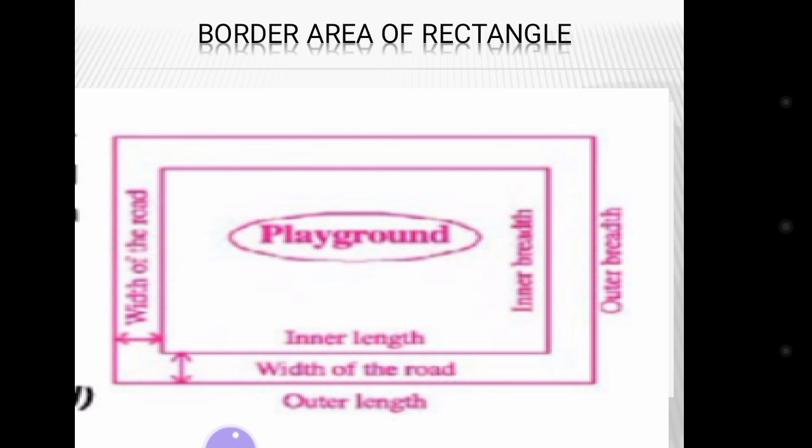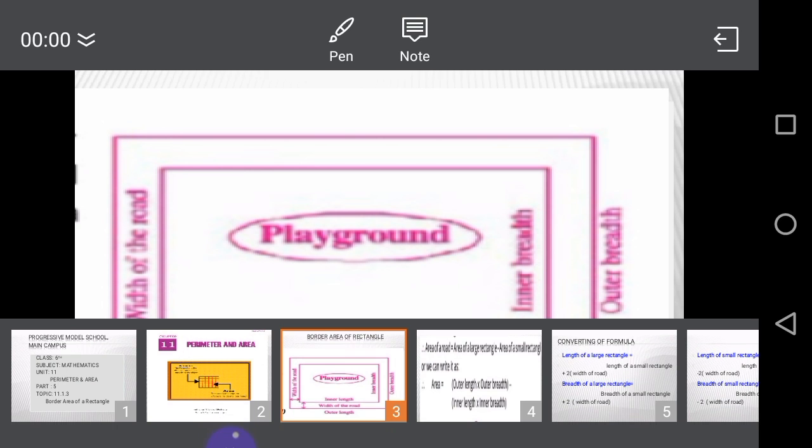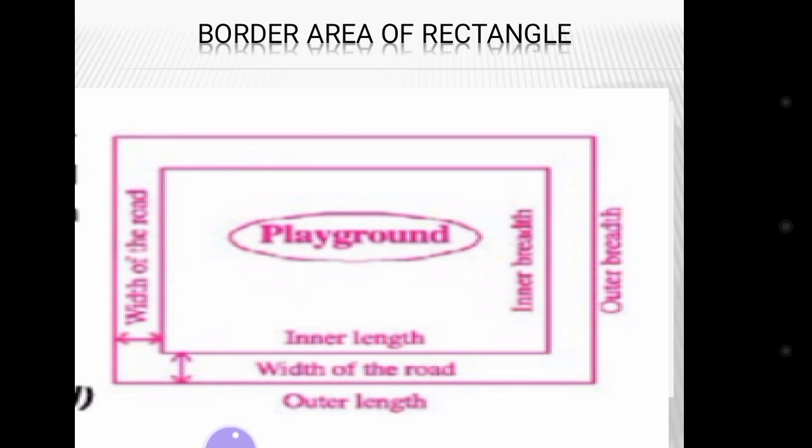When we find out the border area of a rectangle, we subtract the area of the inner rectangle from the area of the outer rectangle. That is the area including the width minus the area excluding the width. When we subtract these values, we get the area of the border, the area of the road in the figure above.